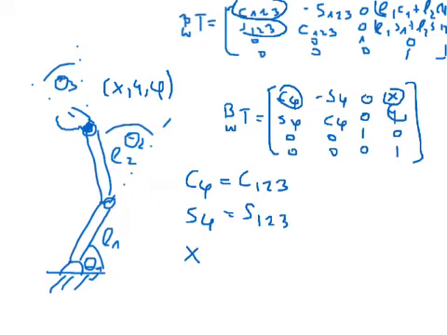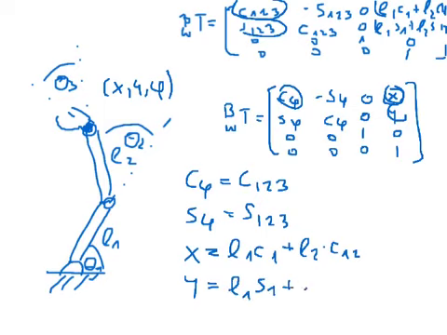And we can write down x equals L1 times cosine of theta 1 plus L2 times cosine of theta 1 plus theta 2, and for y it's L1 times sine of theta 1 plus L2 times sine of theta 1 plus theta 2. So our goal now is to solve those equations for theta 1, theta 2 and theta 3, and to get x, y, and phi, which are the desired pose parameters, on the right hand side.